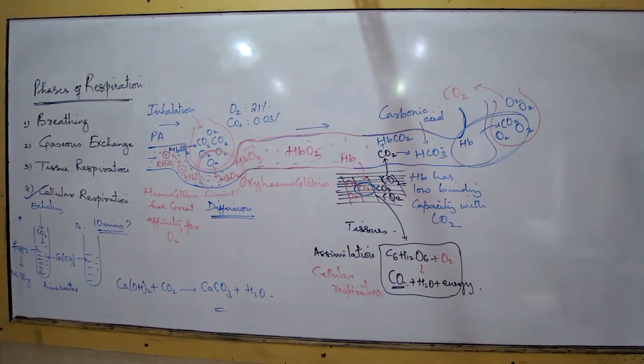When the water rushes in, the dissolved oxygen in the water is taken up by the blood vessels surrounding the gills. This blood gives the oxygen to the body cells, and from the body cells gets the carbon dioxide, and again from the blood the carbon dioxide is given into the water. The water goes out of the body, and the carbon dioxide is released out. So that is their simple mechanism of exchange of gases, breathing.